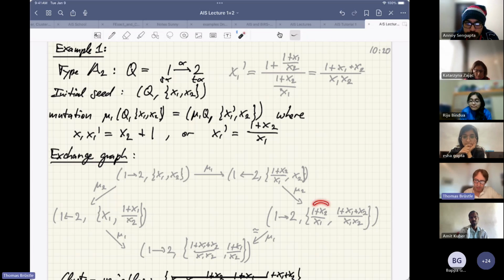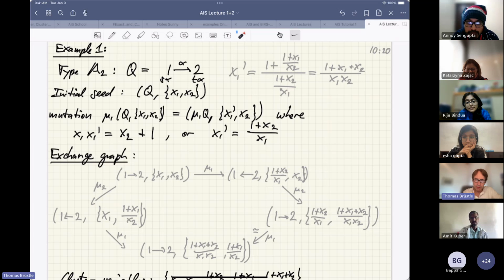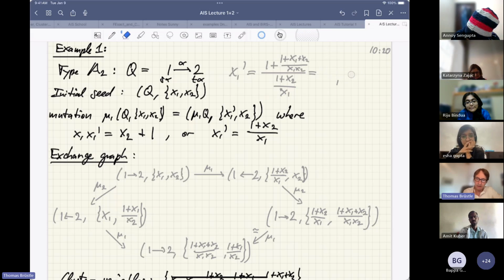The variable which I mutate ends up in the denominator here. And in the upper part, I will do 1 plus the other variable. The other variable is this one. So I need to exchange, and I need to replace this 1 plus x1 plus x2 over x1, x2. So this is really the rational function that I have to consider.